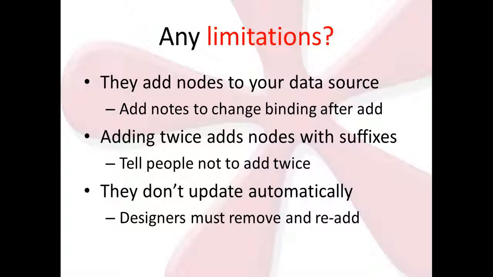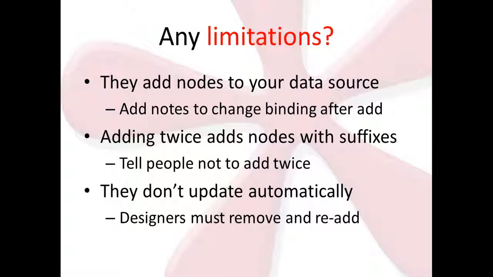The limitations: as you gain more experience with the creation and management of XTPs, you gain more insight into the possible limitations. One limitation is that they add nodes to your data source. So if you are keeping a very strict data source and you add an XTP, it's going to add some groups and some nodes, so you might have some bindings to clean up, or some fields to rename.